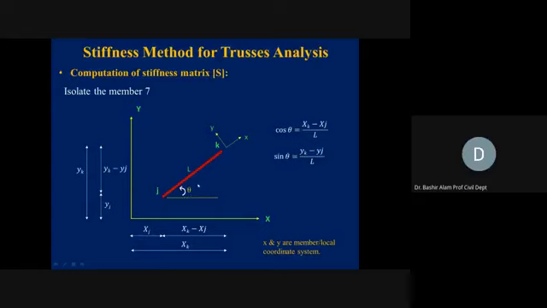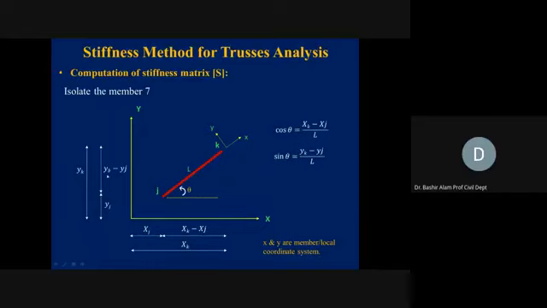Now, cos theta from this diagram will become equal to this base divided by hypotenuse. So base is XK minus XJ, here we see it, and divided by this hypotenuse, it is L. So cos theta we can express in terms of the coordinates, which is XK minus XJ divided by L. Similarly, sine theta will become equal to perpendicular divided by hypotenuse.